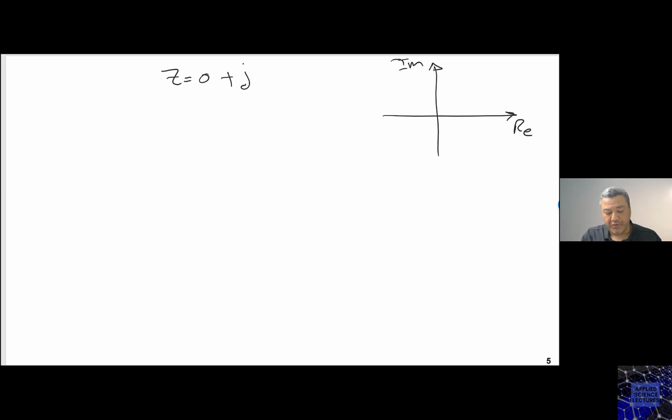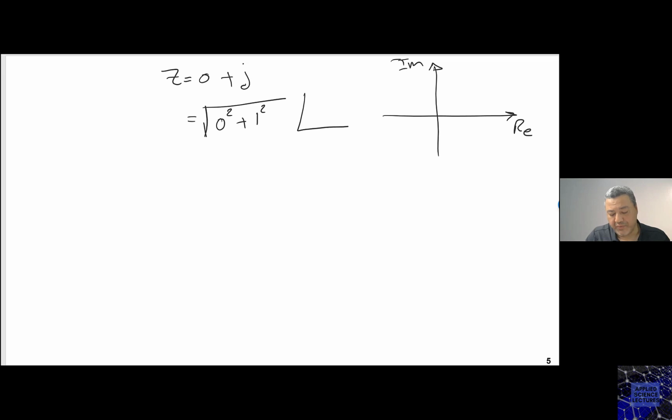If I am to convert this complex number from rectangular representation into a polar representation, then I would be finding the magnitude, which is the square root of 0 squared plus 1 squared, right?